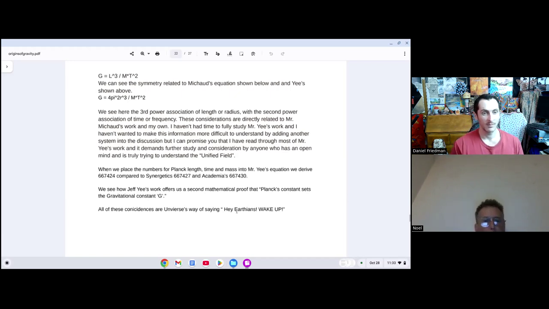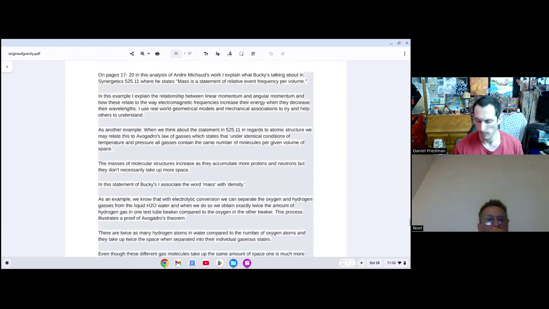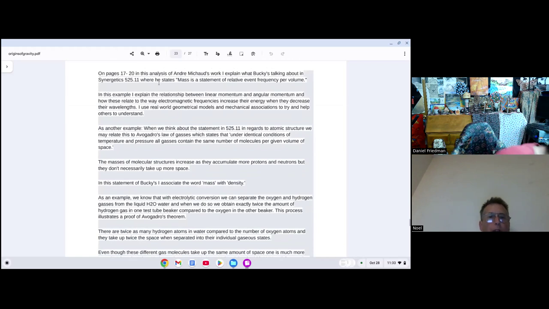So here, let me go to where I was going to go, though. So I just showed you then in Andre's paper that square box from Synergetics and how more angular momentum creates more mass. So here's another one. So that was on pages 17 to 20 of my analysis of Andre McCaw's work.